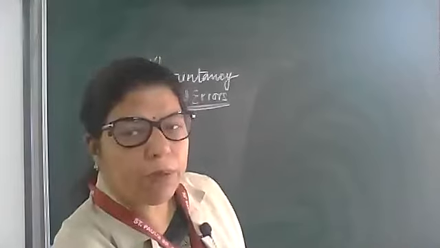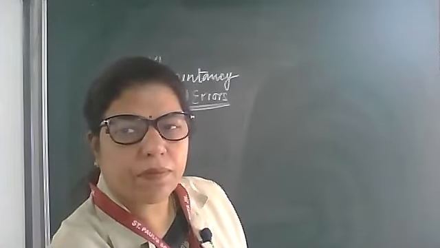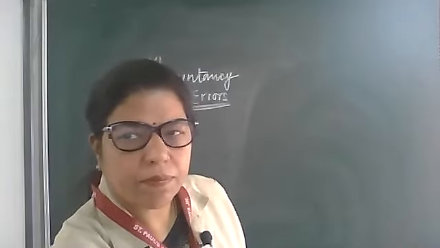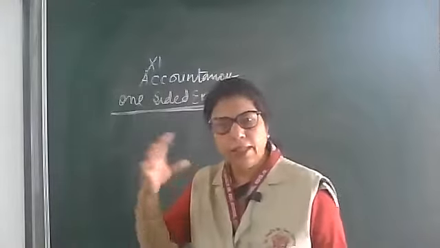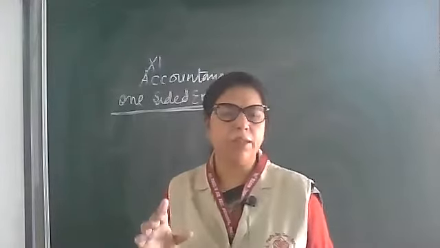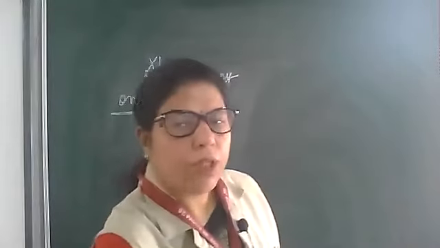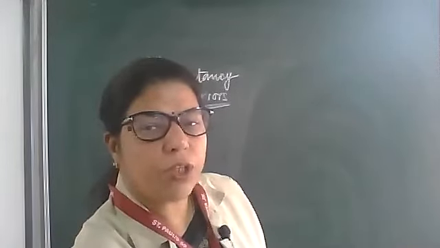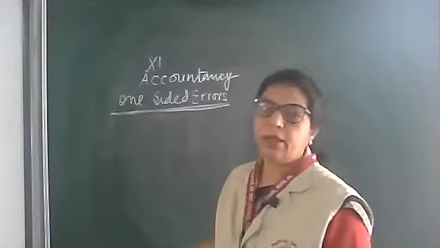So for that purpose, we have to see the other account. To make the entry complete, there will be suspense account. So children, use of suspense account in one-sided entry. Look at the screen.